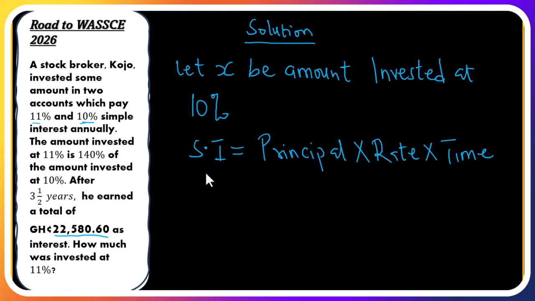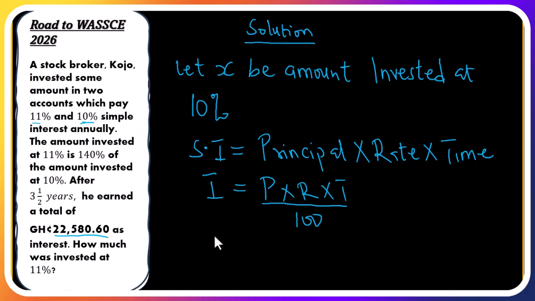So simple interest, denoted as I, equals P, which is the principal, times rate, which is R, times time, and since rate is in percentage, all divided by 100. So we have two separate investments, one at 10% and one at 11%.